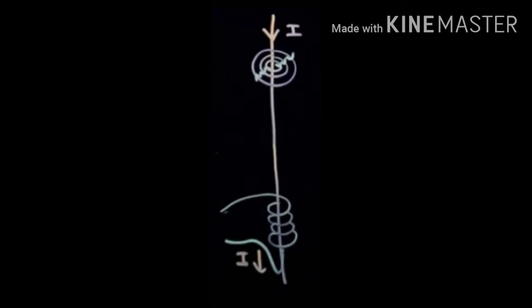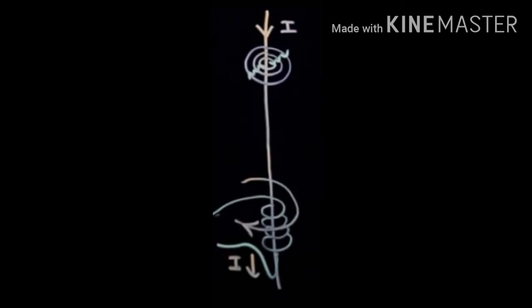Current. Clear? Battery बाट pass भएको current, and this curl thing denotes the magnetic field, magnetic effects. Clear? कुन चाहिँ directions मा हुँदैछ? You have to remember when current is in downward, then the direction of the magnetic field will be in the clockwise direction.